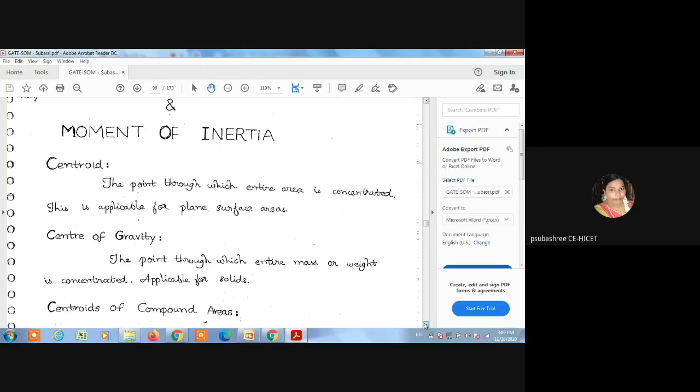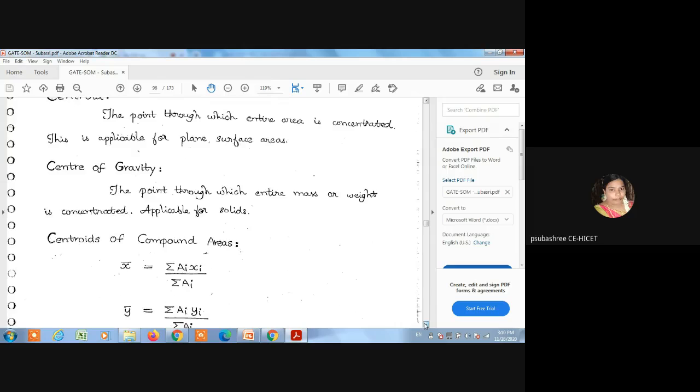This is applicable for plane surface area. Then center of gravity is the point through which the entire mass or weight is concentrated. This point is called the center of gravity.